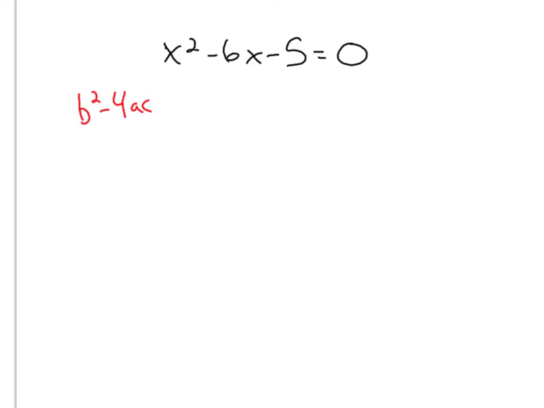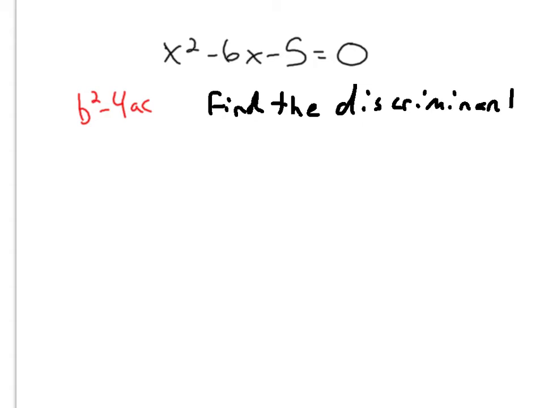On this example right here, all I want you to do is find the discriminant. So I'm going to write that. Find the discriminant. Again, what that means is find b squared minus 4 times a times c, and tell me what that number is.